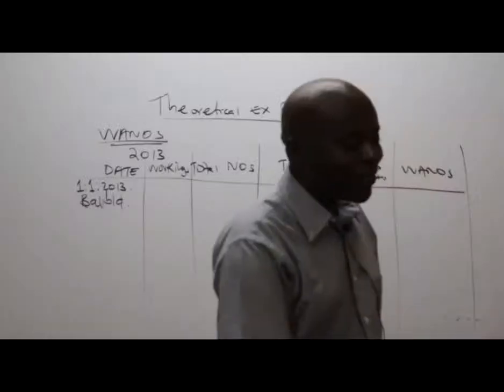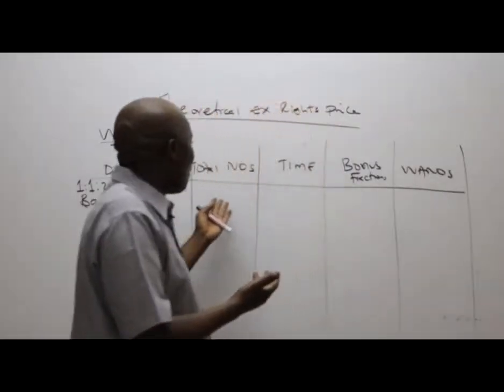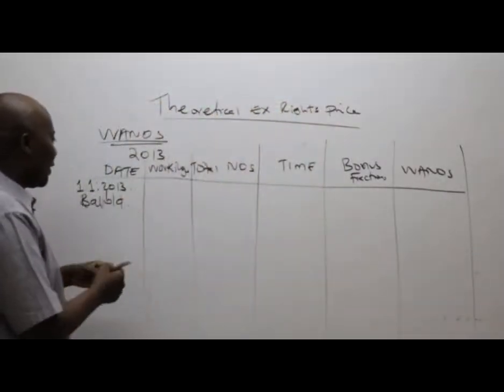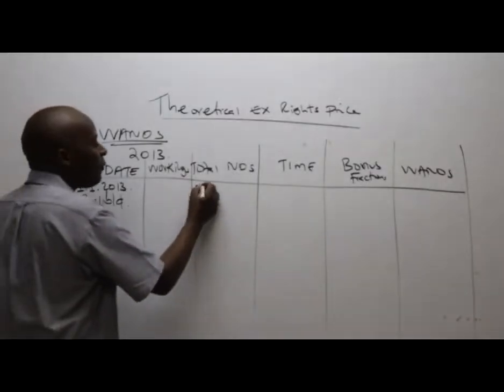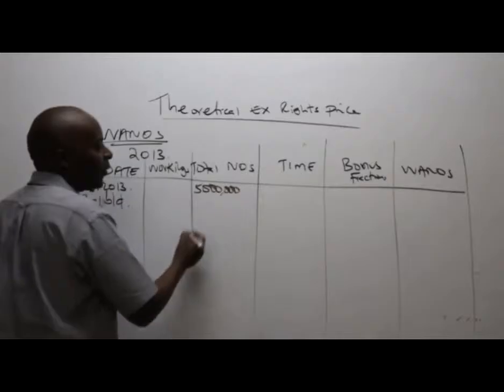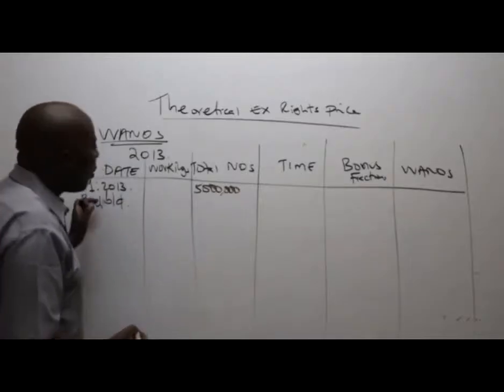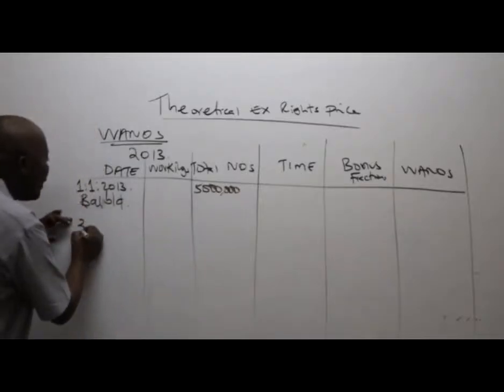So 2013 is closed. I ought not even to have drawn this kind of big table for 2013. Because in 2013, the total number of ordinary shares here was 5 million. Ladies and gentlemen, all the way up to the end of 2013, there was really nothing here.